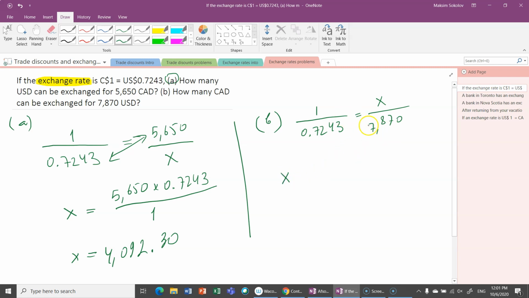Again, we cross multiply and then divide by the remaining number here. So it's 7,870 times 1 divided by 0.7243. This is 10,865.66.